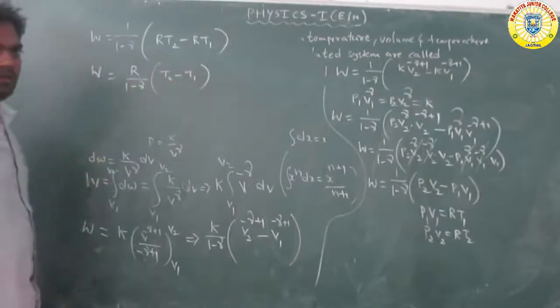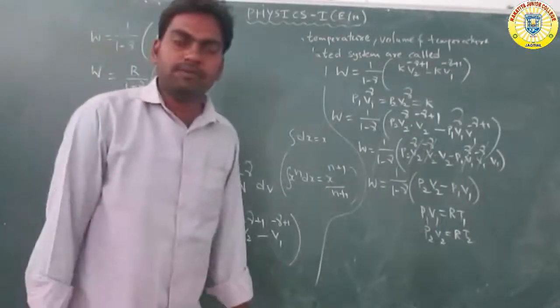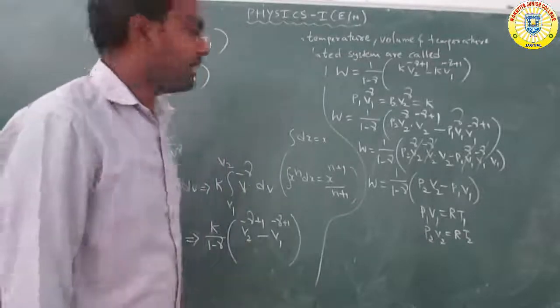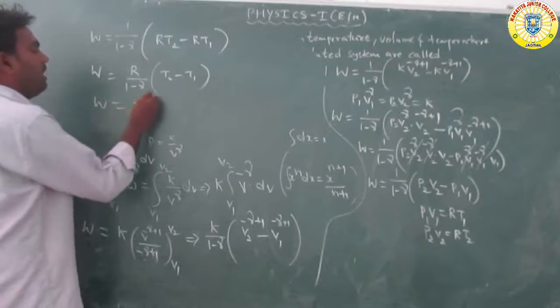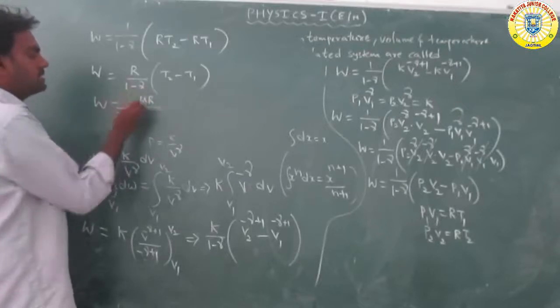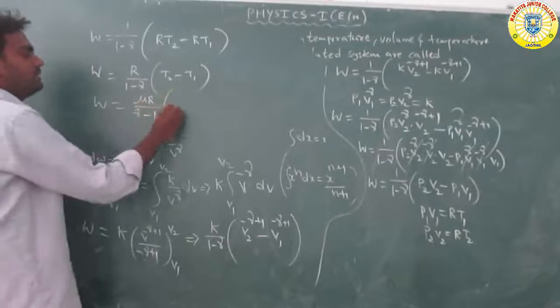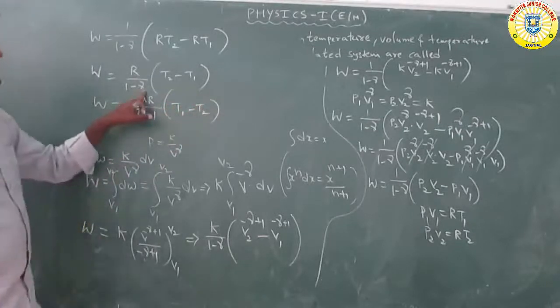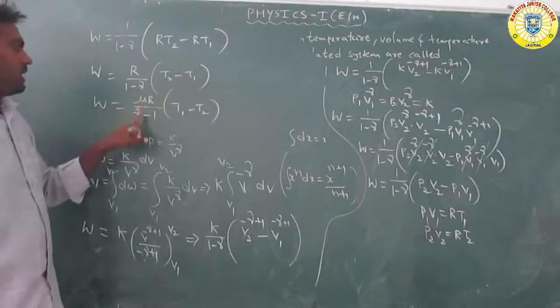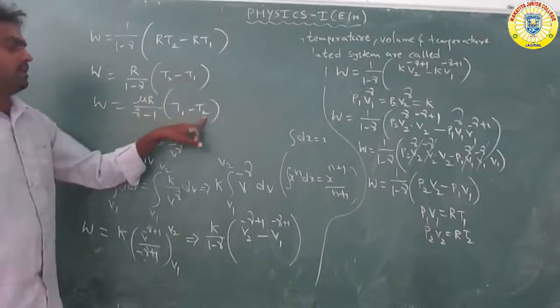Now we consider only 1 mole of the gas, so with the number of moles, W is equal to mu R by 1 minus gamma, T2 minus T1, so gamma minus 1, T1 minus T2 we can write.